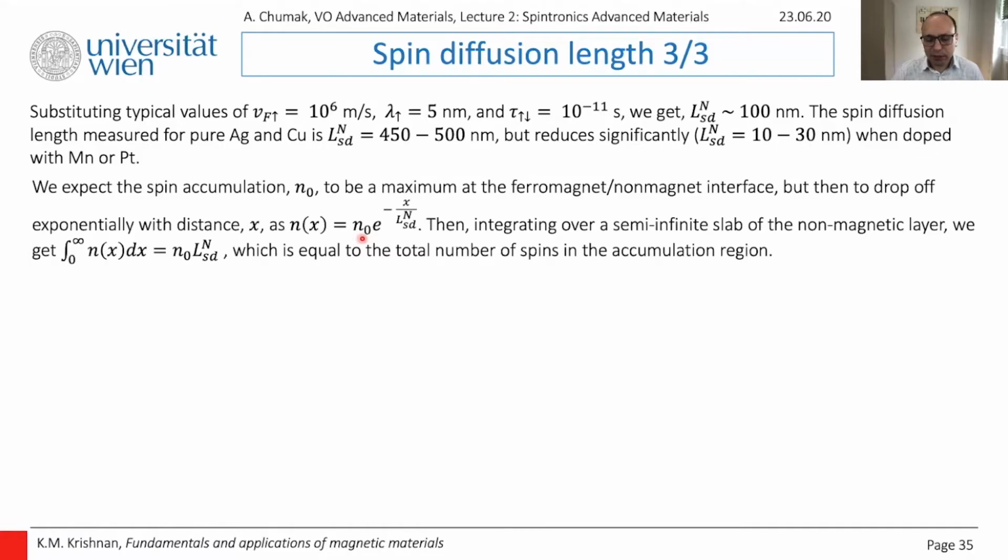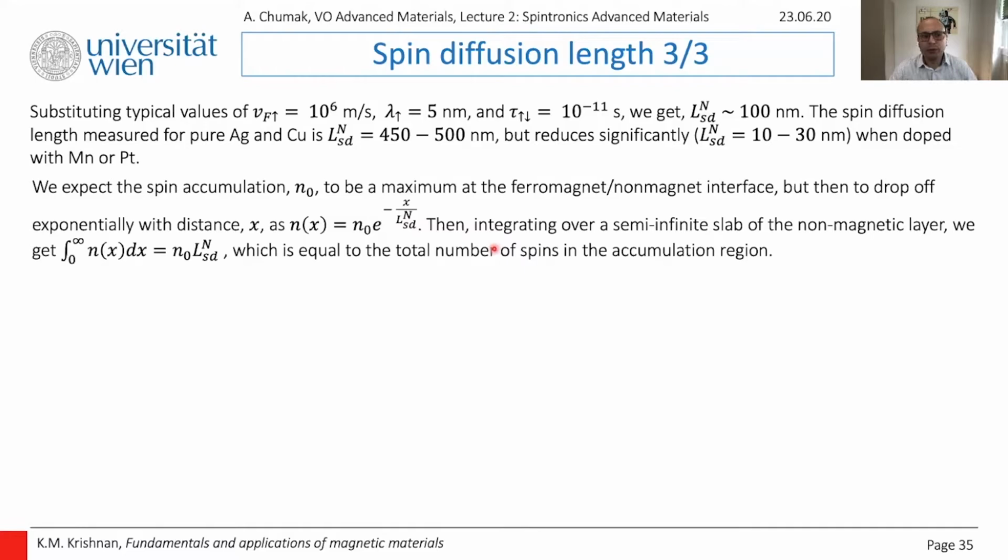So this is n0, the density of majority electrons, and then it will decrease exponentially, as we discussed, with this parameter L_sd, which is the spin diffusion length.